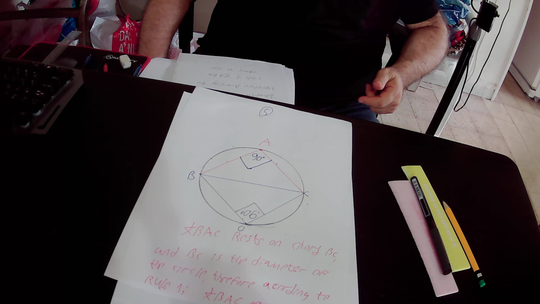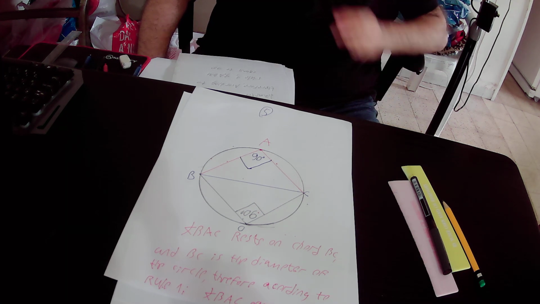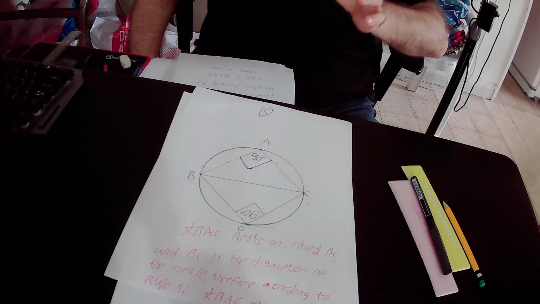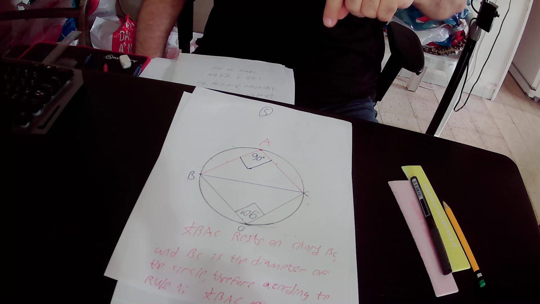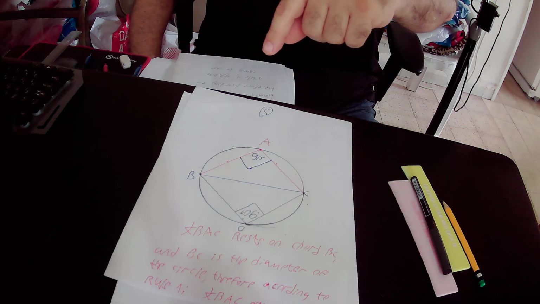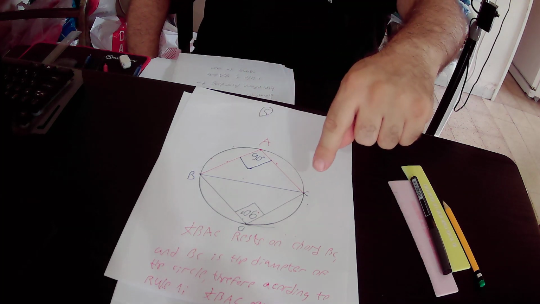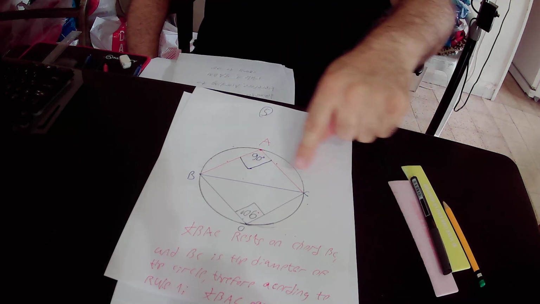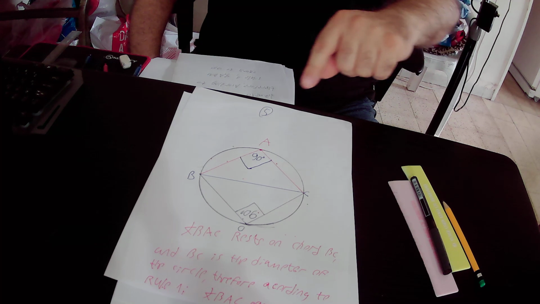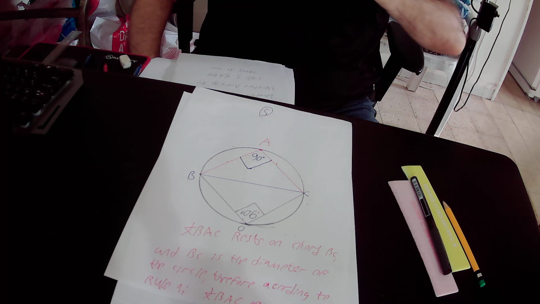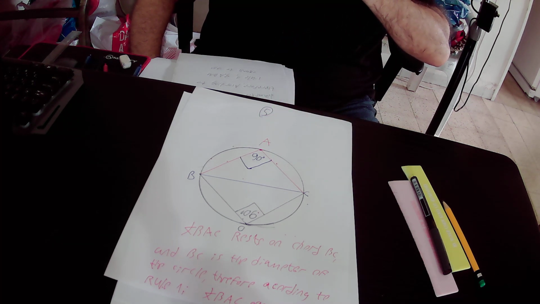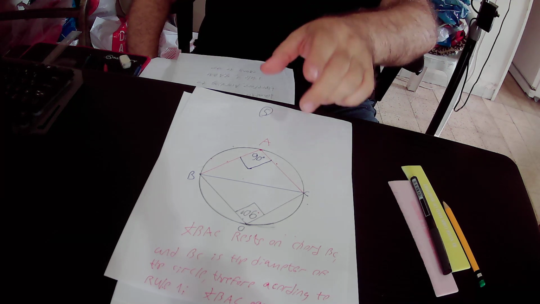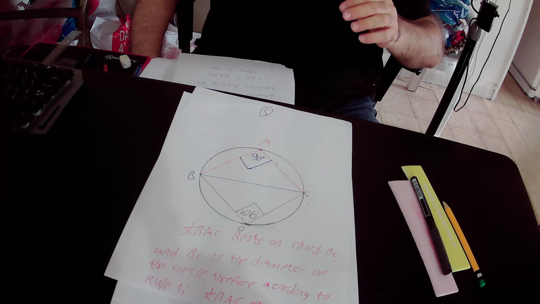So any angle that rests on the diameter of a circle equals 90 degrees. For that reason, angle BDC, which rests on the diameter of the circle, that is to say on BC, also equals 90 degrees, because any peripheral angle that rests on the diameter of a circle equals 90 degrees.